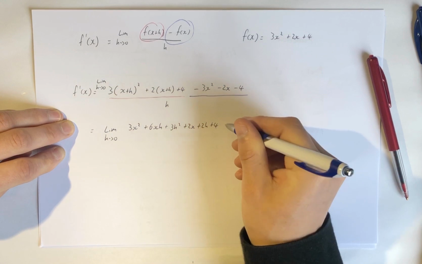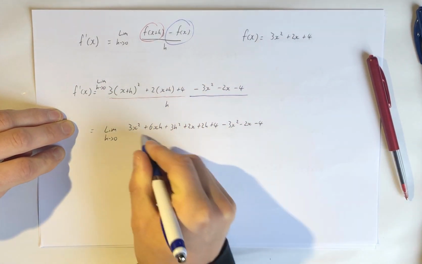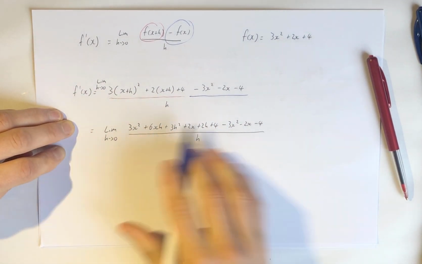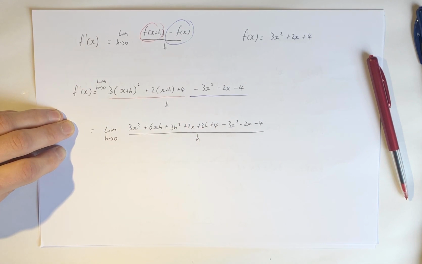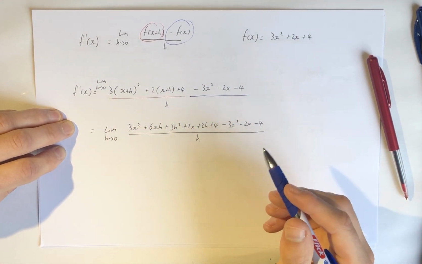And now I'm taking away all of this stuff. And this is all over h. So like I said, it's getting big and gnarly pretty quick, right? Well, this usually happens as things cancel down relatively quickly.